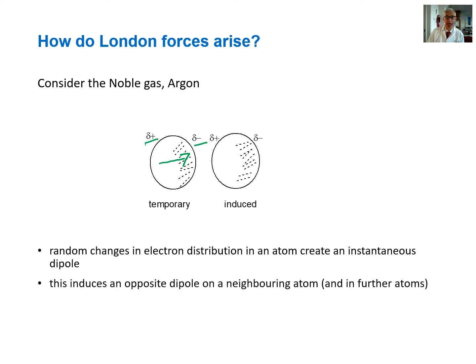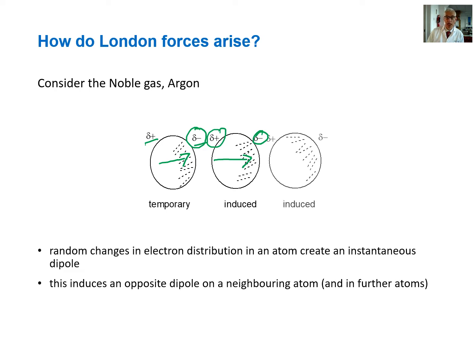If a neighbouring atom of argon lines up to the original atom, then as we have delta minus here, it's going to drive the electrons in the neighbouring atom, or repel the electron density in the neighbouring atom, so that we now have a new induced dipole, delta plus and delta minus, on the neighbouring atom.